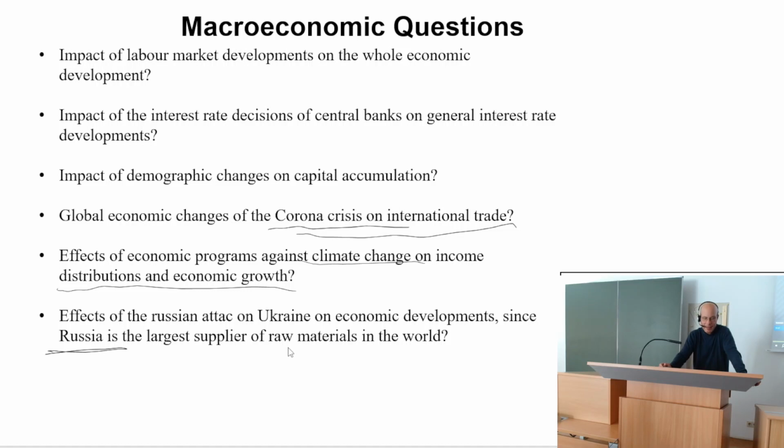What does this mean if we do not trade anymore, or do not trade in that amount as before, because of the Ukraine war with Russia? This, of course, has also directly an impact on the trade flows in the world.